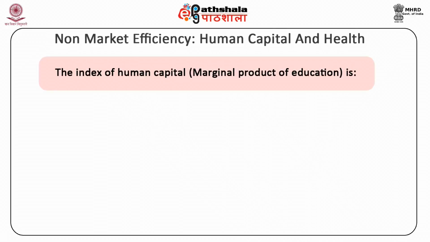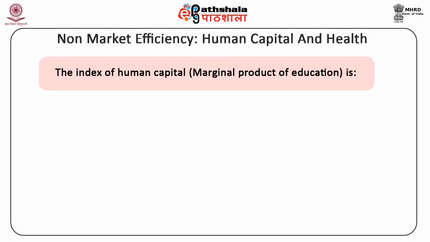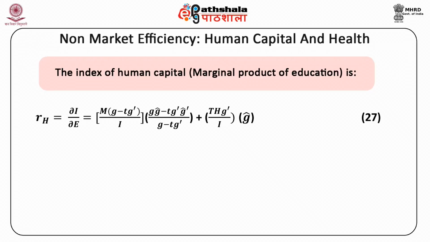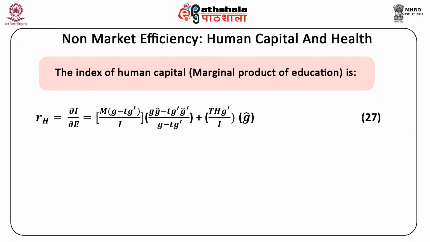The index of human capital, the marginal product of education, RH is equal to delta I upon delta E is equal to [(g minus tg') upon I into g hat minus tg' into g' hat upon (g minus tg')] plus th into g' upon I into g hat.